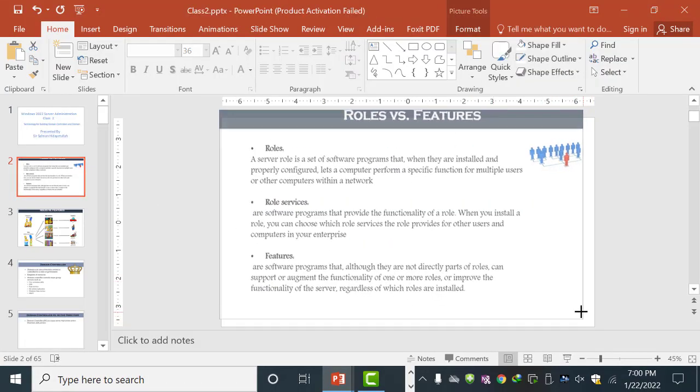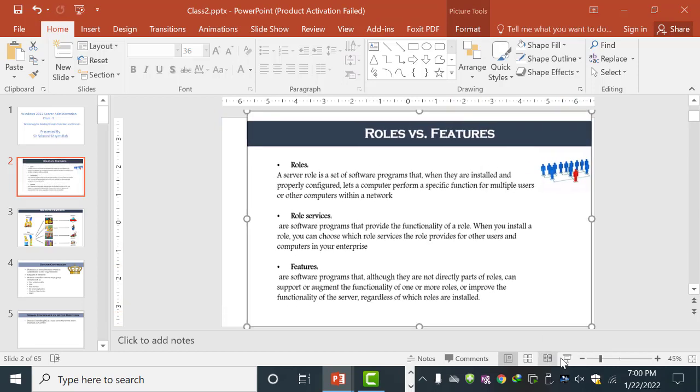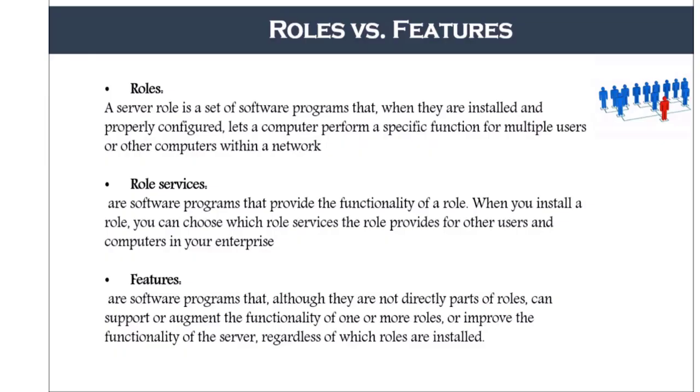In DHCP, we assign the IP automatically to our clients. So basically this is a role. Likewise, we have the role of DNS server or web server or DB server. So these are called the roles.